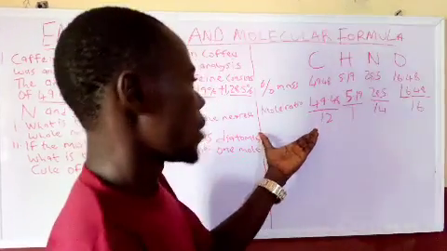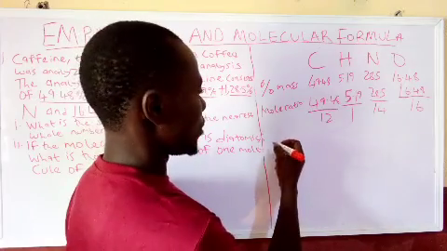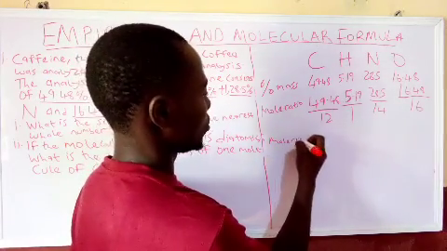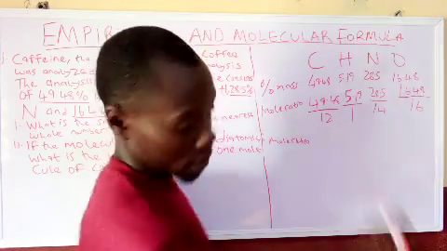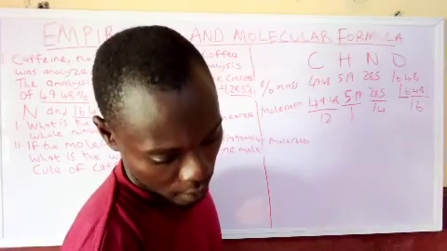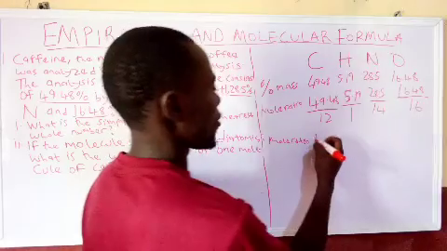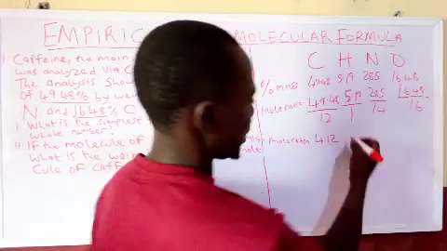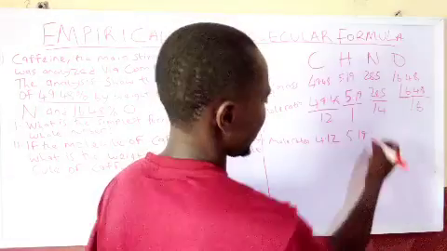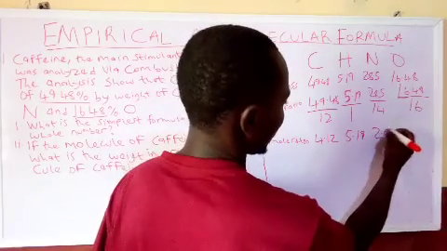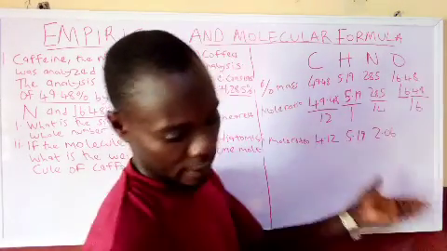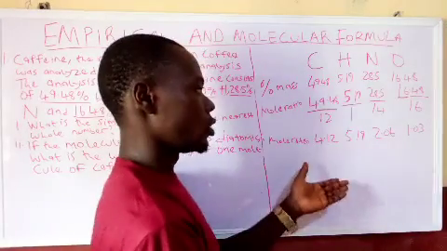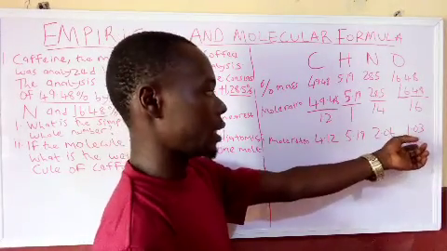When you do it that way, your mole ratio will be 4.12 for carbon, 5.19, 2.06, and finally 1.03.